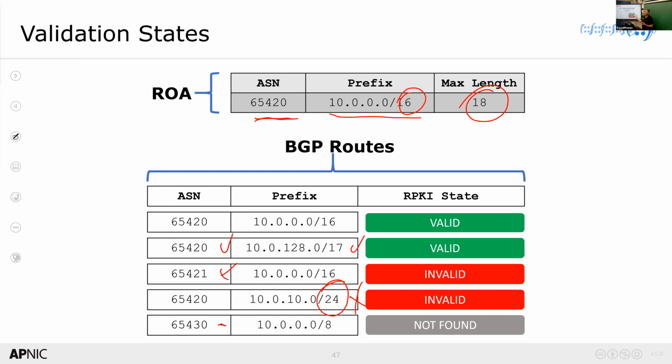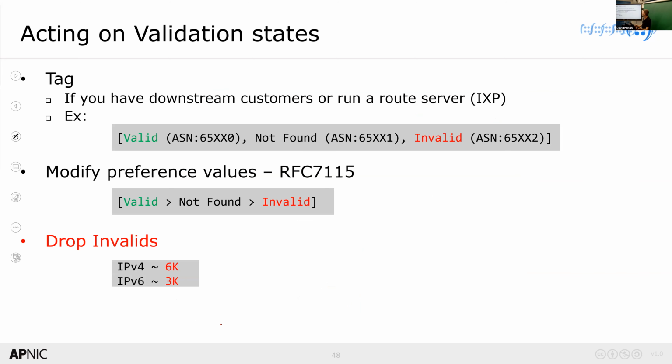So we now know we've got these three states. We've got an idea on how we actually work out what is valid and what is invalid. And what are we actually going to do with this information? A couple of options. You can tag them.